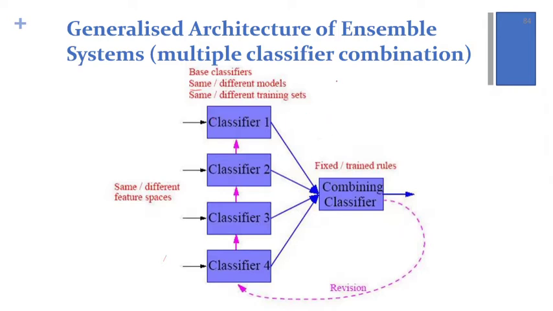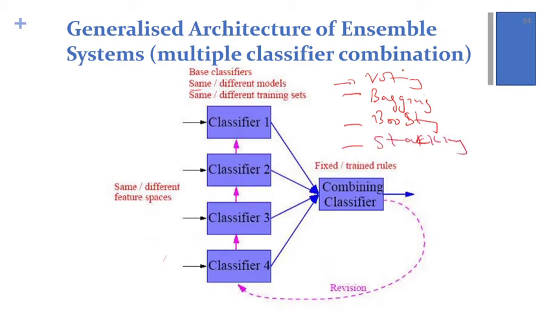So all this led us to the concept of having, we started with the simple voting method. We discussed the popular bagging ensemble. And then we also discussed boosting, and we concluded with the discussion of stacking last week, the stacking ensemble.